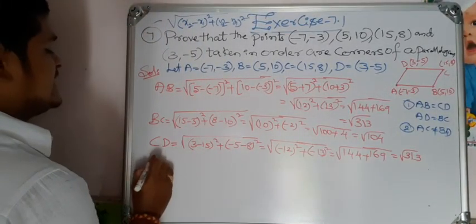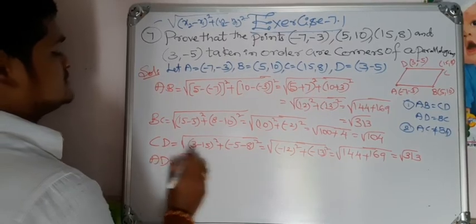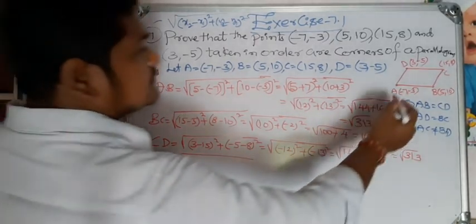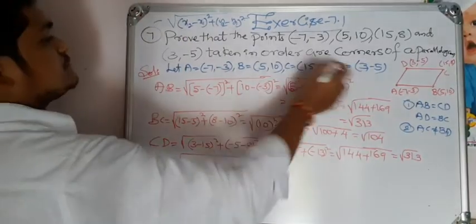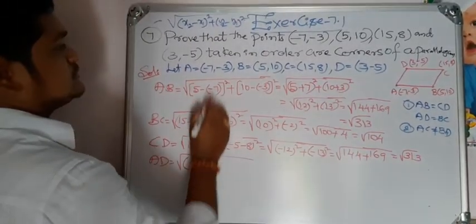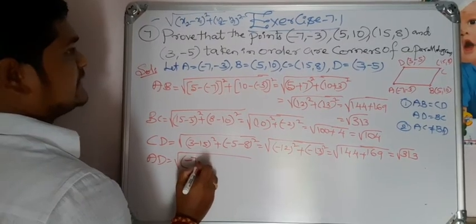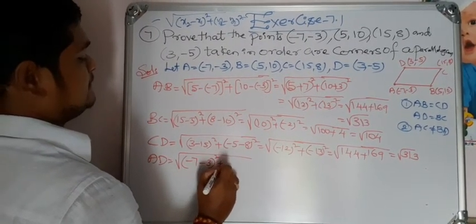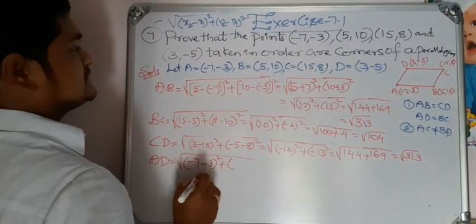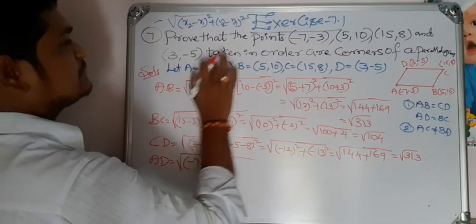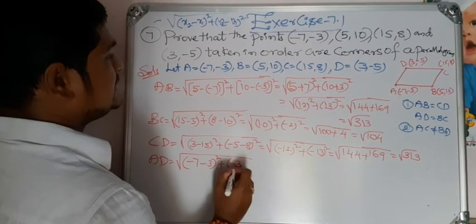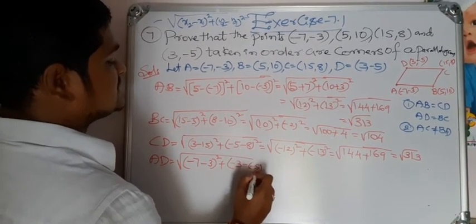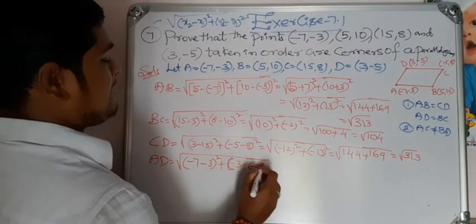Next, find AD. See here, I found side AB, next BC, CD, then AD. Find AD, first point, last point. So (minus 7 minus 3) whole square plus (y2 minus y1), first subtracting this one minus this one, so the same also: (minus 3 minus of minus 5) whole square.